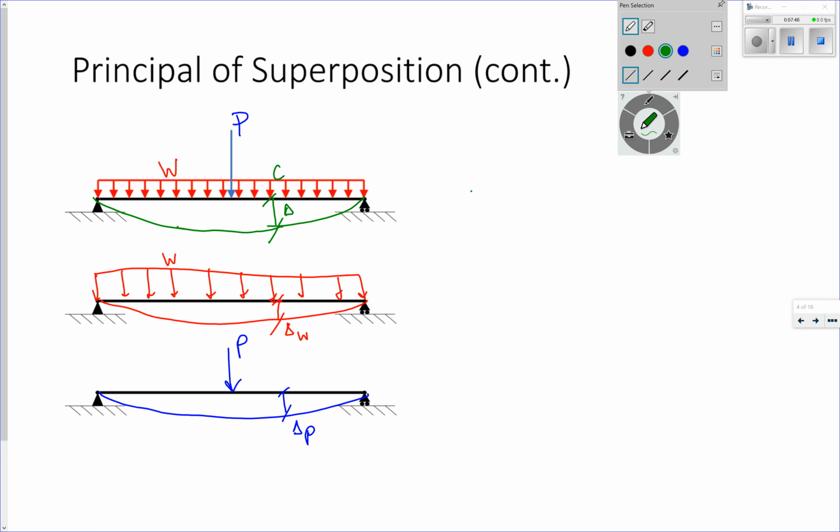So my deflection at C is equal to my deflection at C due to the distributed load plus my deflection at C due to the concentrated load. Right, so basically I say this is equal to this plus this.